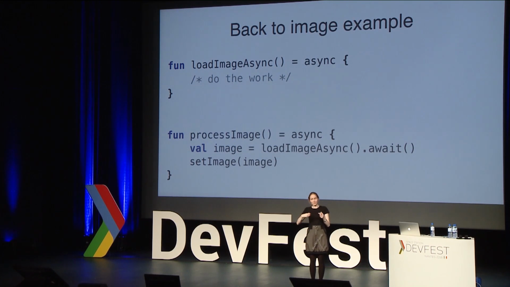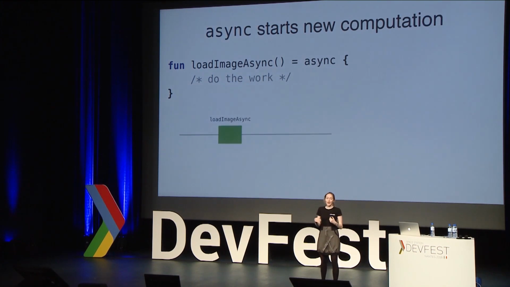Now let's go back to my image example and the story of async await, and let's unwrap how exactly this async await works. First, we want to start a new computation while loading the image. So we write the function load image async, and this load image async starts loading the image somewhere, so it starts a new computation on some thread.